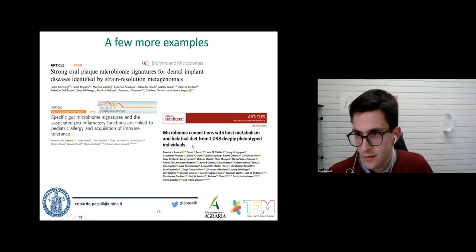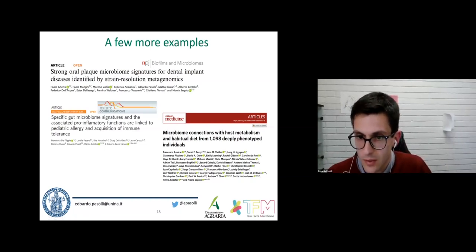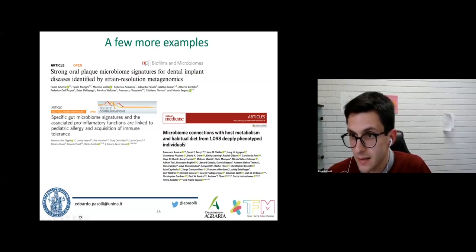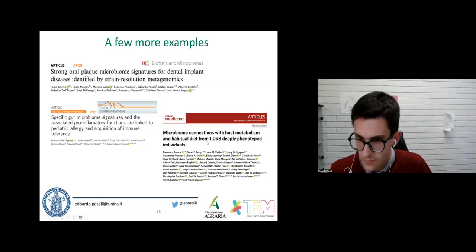And the use of machine learning for predictive modeling is, I would say, now also quite used, for example, to link diet with microbiome, to link microbiome with diet and other types of data, going in this direction for personalized nutrition.